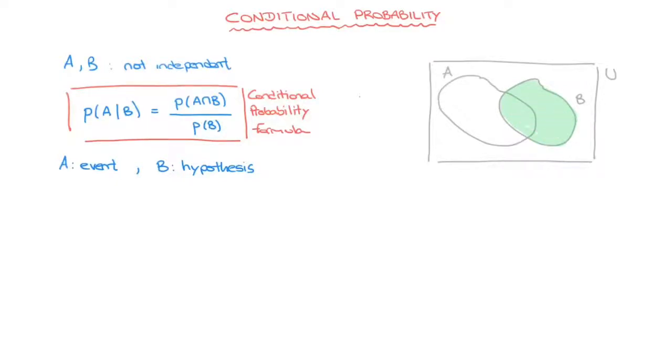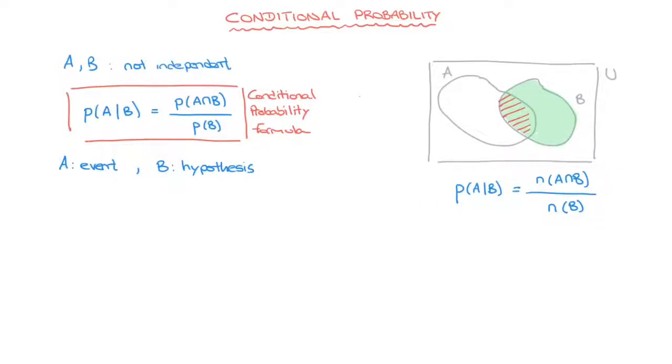And now, since we're restricted to the set B, the only way that event A can occur is if we're dealing with an element that's inside the intersection of the two sets A and B. Consequently, the probability of event A occurring given B has occurred is equal to the number of elements inside the set A and B, that's the intersection of the two sets, divided by the number of elements inside the set B. And in fact, we could stop there and say that this is the formula for conditional probabilities.